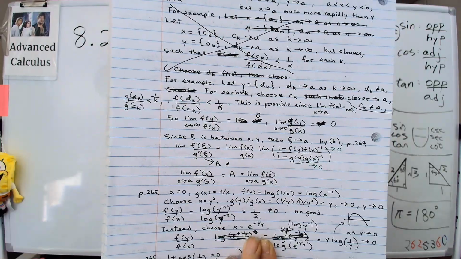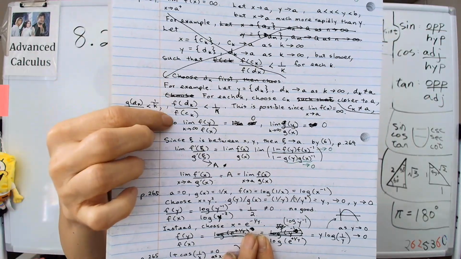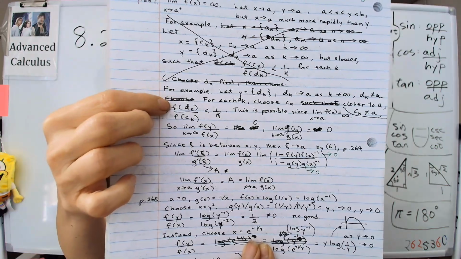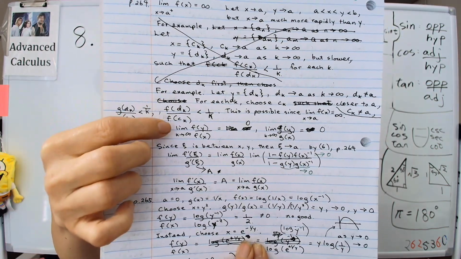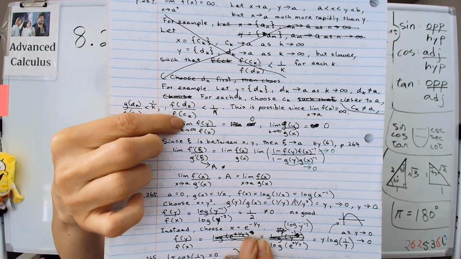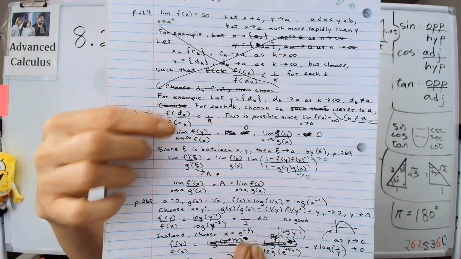Remember, f is going to infinity, so that's totally possible because we start out with d_k, then we hold on to it and don't let it move, and then we pick c_k that's much bigger in comparison to d_k, and we do this for each k as k goes to infinity.